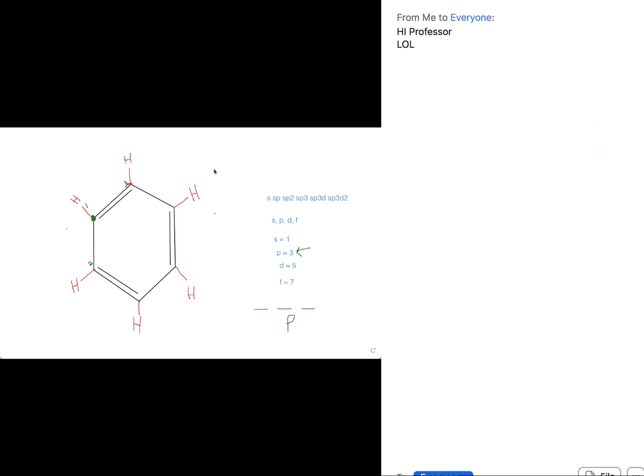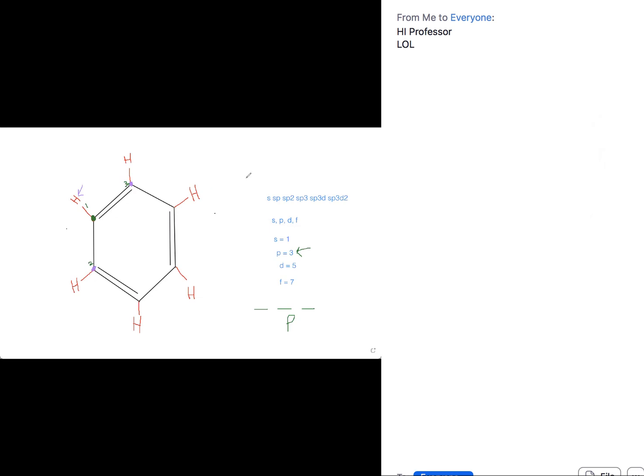I should turn them purple. Not red, we already used red. So this one's attached. This hydrogen is attached. And this carbon right here is attached. They're all attached to the green carbon.